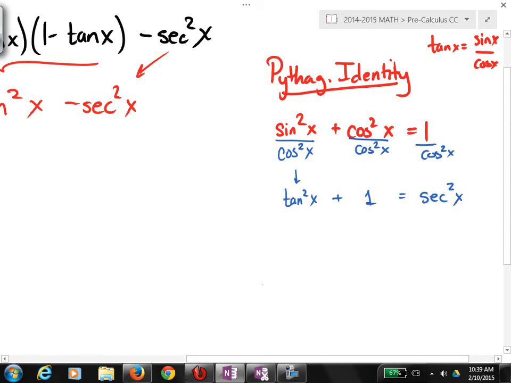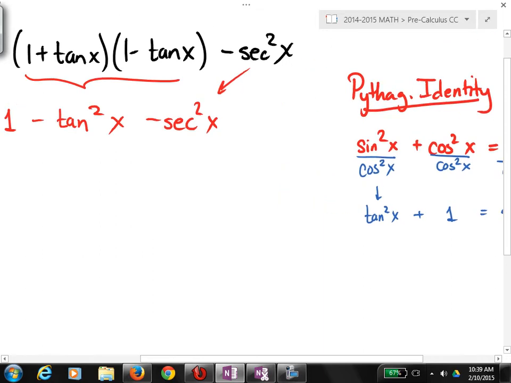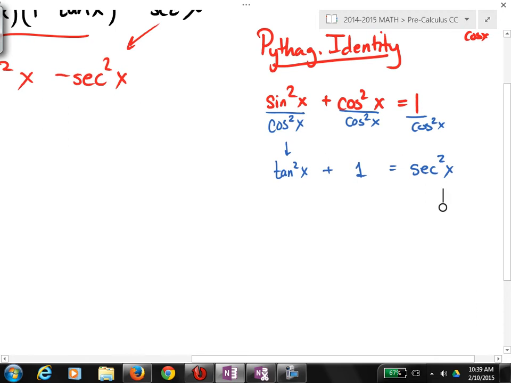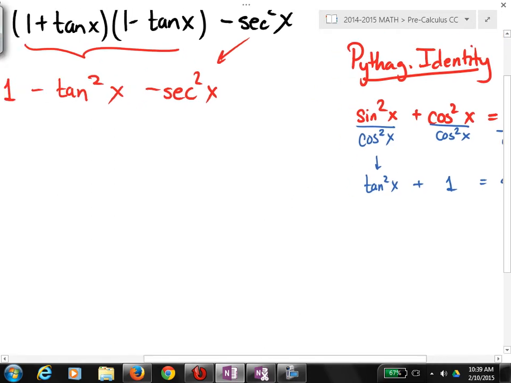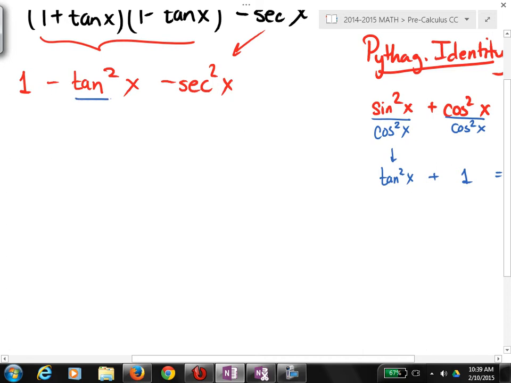And what we actually saw is a couple of things. Not only did the tangent squared show up, but also the secant showed up. Okay. So there's a couple of things that you can do with these. What I'm going to do is just solve for this term alone.